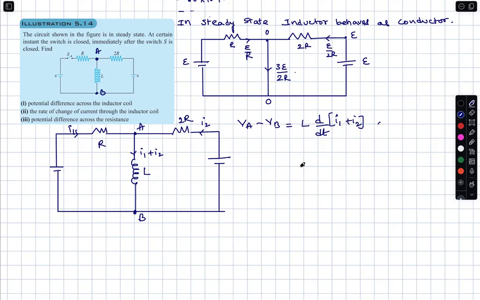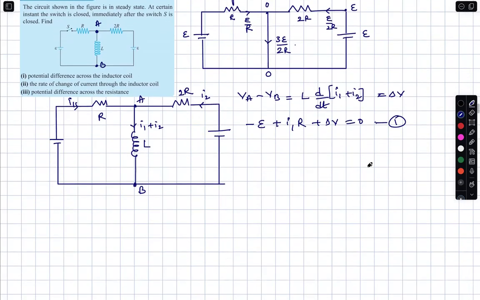Clear. Now, one more important point. If you take this loop alone, we will call this some delta V for a while. If you take this loop alone, minus E plus I1 R plus delta V is equal to 0. Let this be equation 1.